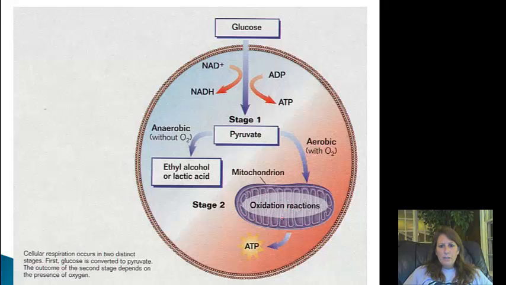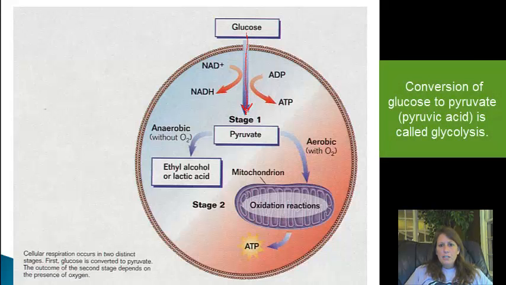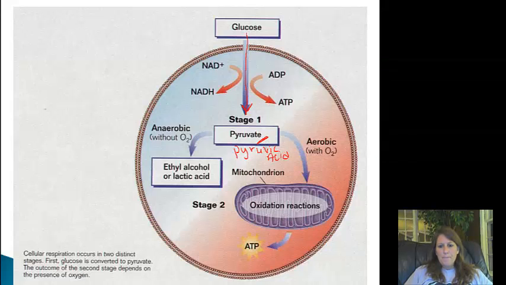So remember, this is cellular respiration. And when I take the glucose molecule that I got from photosynthesis, and let's say I eat something, then that glucose is going to be converted to pyruvate, which is also pyruvic acid. So you can use either term, same thing, okay?